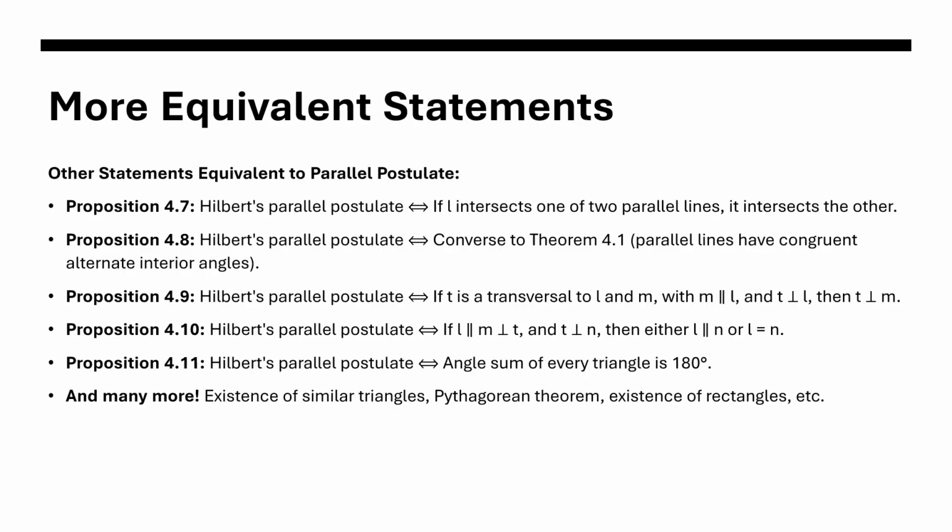Hilbert's parallel postulate is equivalent to Euclid's fifth, which is equivalent to the angle sum equal to 180 degrees, which is also equivalent to the existence of rectangles, which is equivalent to propositions 4.7 to 4.11, something like that. If you assume any one, you can prove all of the others.